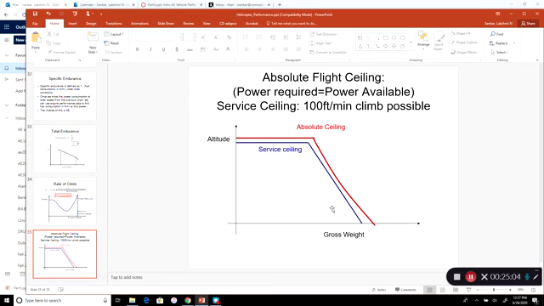So again, these could be plotted as altitude versus gross weight, absolute ceiling, service ceiling for different gross weights, and do other things with it. So we have quickly summarized all kinds of formulas for computing the maximum forward speed, rate of climb, range, endurance, service ceiling, and absolute ceiling.